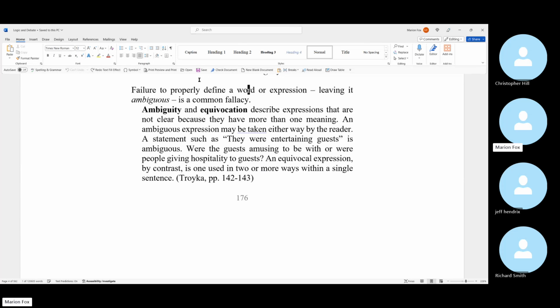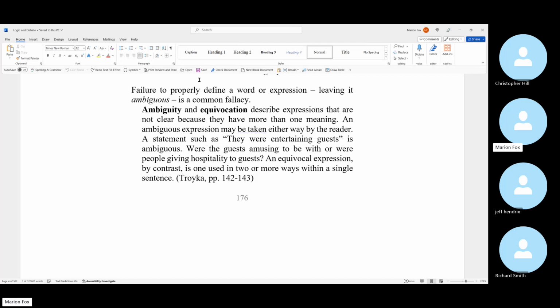It may have more than one meaning in Greek. We have love as the English word, but there are three different Greek words in the New Testament that are translated love, and the Greeks had a fourth word that we don't have in the New Testament. So again, we can go from one language to another and have equivocation or ambiguity. It's important that we look at our context and see what the meaning is.